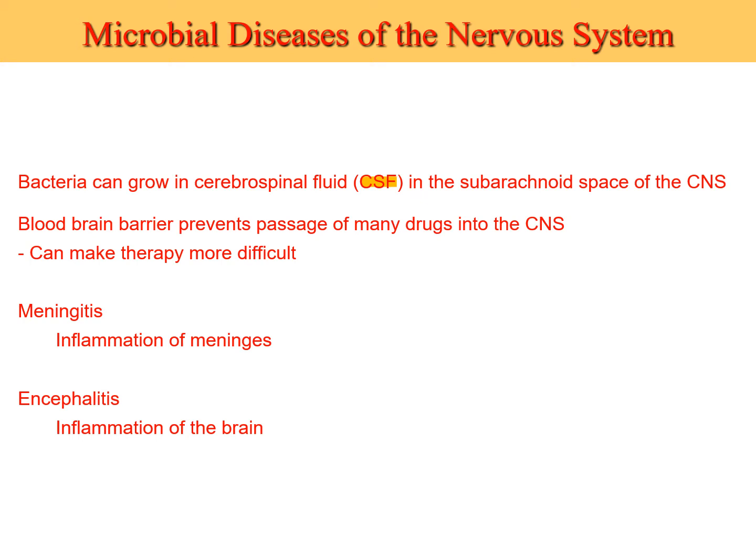A person who takes drugs orally or even IV, it's more difficult to get them into the central nervous system because of that blood-brain barrier. Kinds of problems that you get with infection are meningitis, which is inflammation of the meninges, the lining of the brain and the spinal cord, the lining of the central nervous system, and encephalitis, which is inflammation of the brain itself.